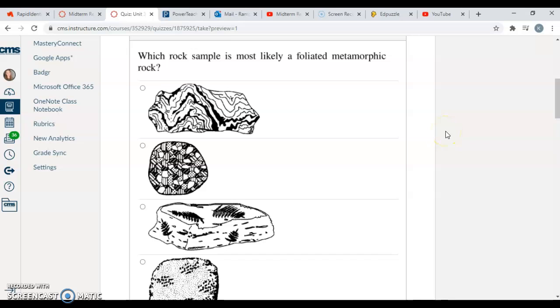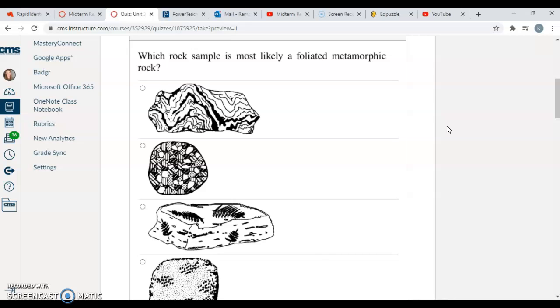All right, so question 1 says, which rock sample is most likely a foliated metamorphic rock? Okay, so remember, metamorphic rocks are formed when either an igneous or a sedimentary rock get pushed deep within the earth and get exposed to high heat and pressure, right?